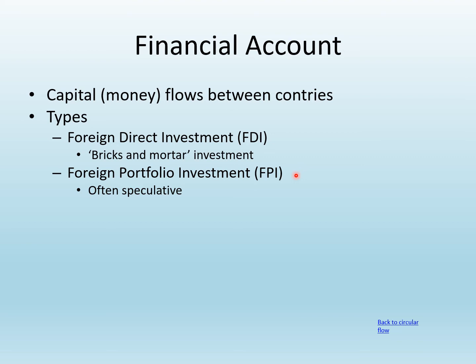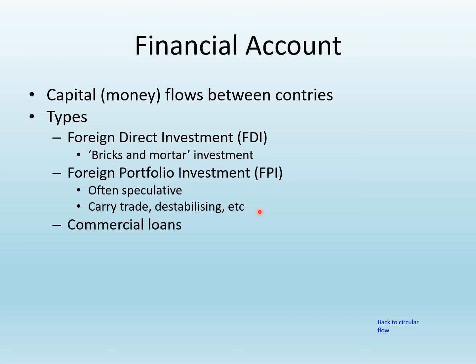So it's often speculative flows, and the money that moves between countries for FPI purposes is often called the carry trade. The carry trade, where money is being carried between countries, and very often it's the result of either interest rate differentials or expectations of future interest rate differentials.